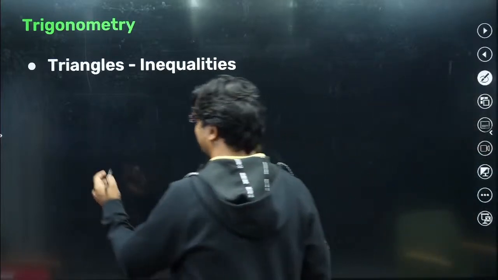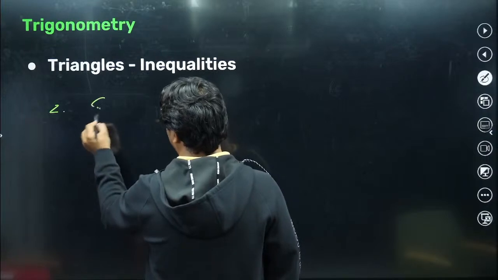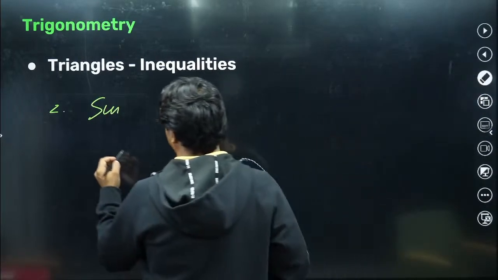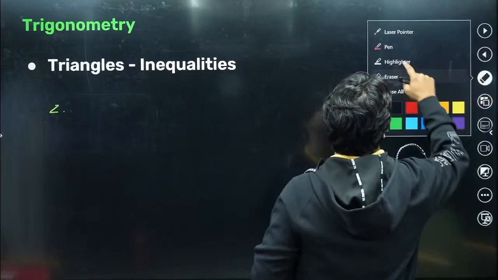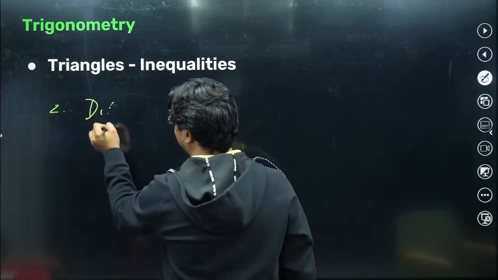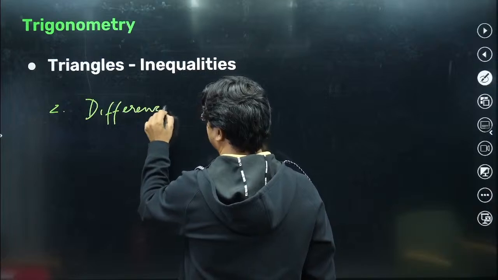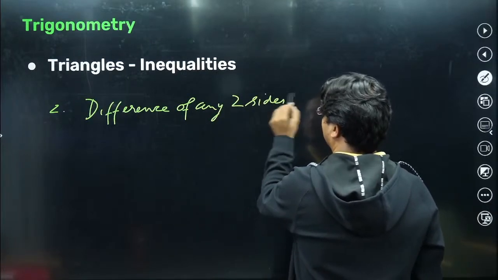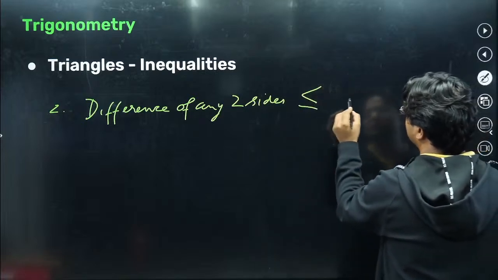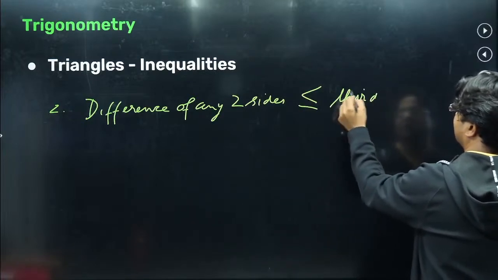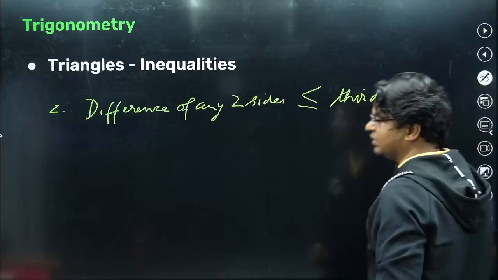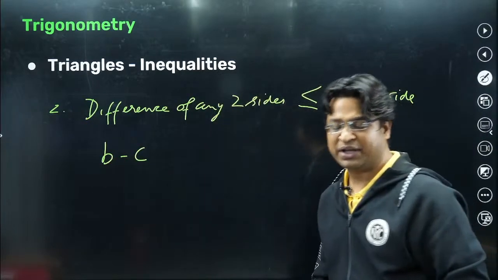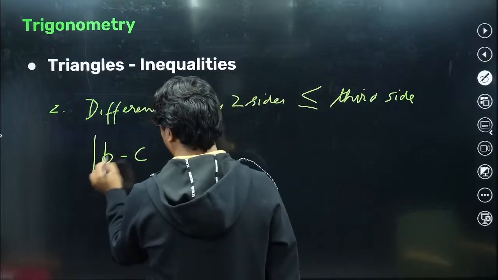The other triangular inequality that you have to keep in mind: we have already talked about sum, and we are now going to talk about difference. The difference of any two sides will be less than or equal to the third side. In other words, if I say b minus c, now I don't know which one of these is bigger, I'll keep the bigger one in front, or I'll use a mod sign.